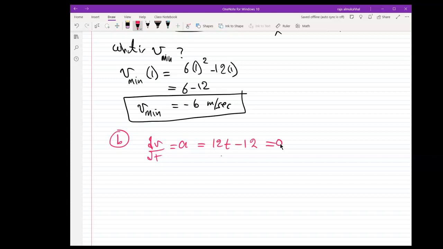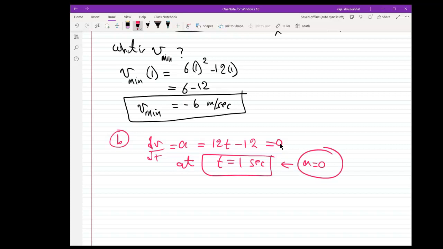Equate it to 0 and solve for t, and that gives you 1 second. So at t equals 1, A is equal to 0.